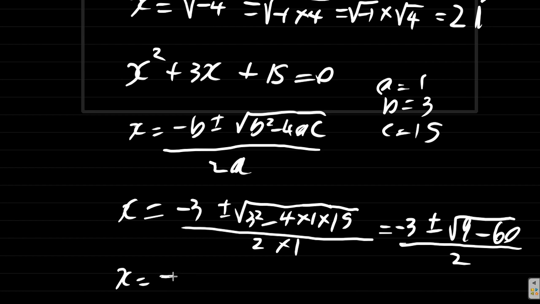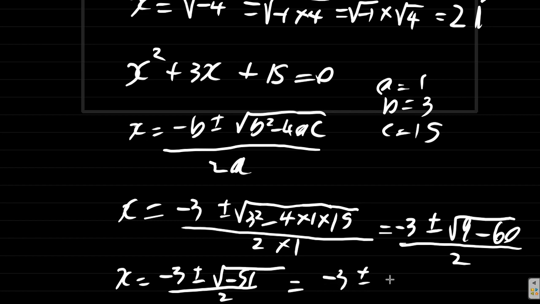So x is -3 plus or minus the square root of 9 minus 60, which is -51, over 2. So we have imaginary roots. They are -3 plus or minus the square root of 51 times -1, over 2.